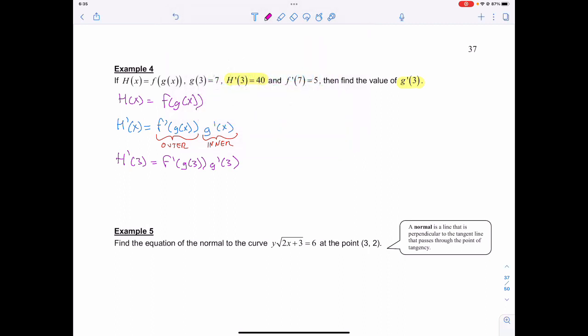Well, we know that h prime of 3 is 40. And this is going to equal, if g of 3 is equal to 7, then that would be g of 3 in here, f prime of 7 times g prime of 3.